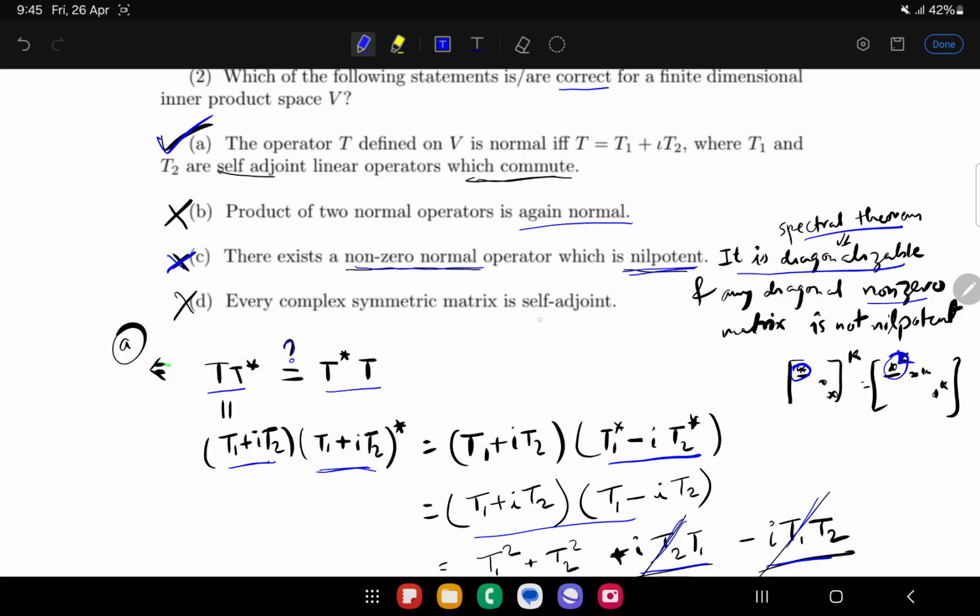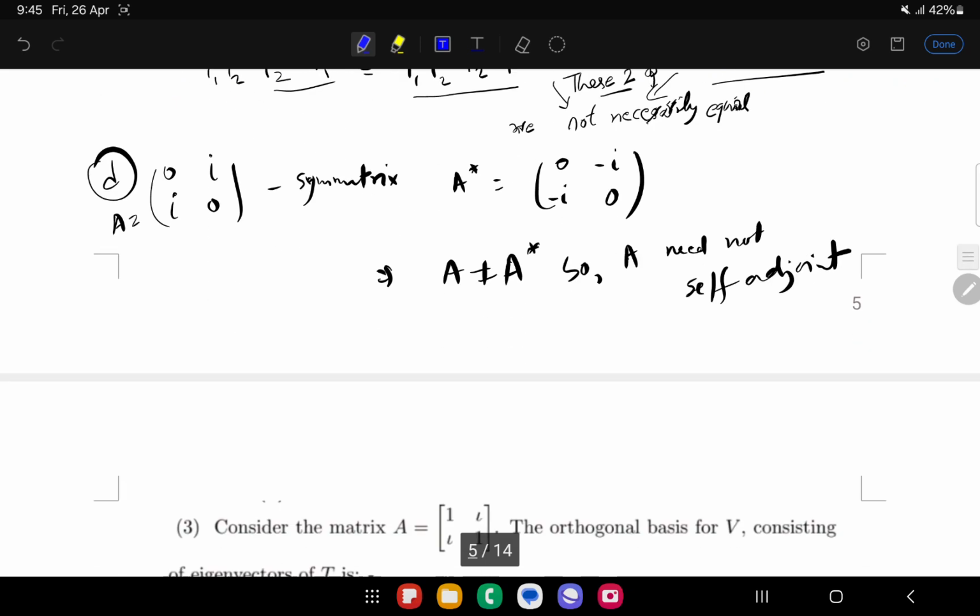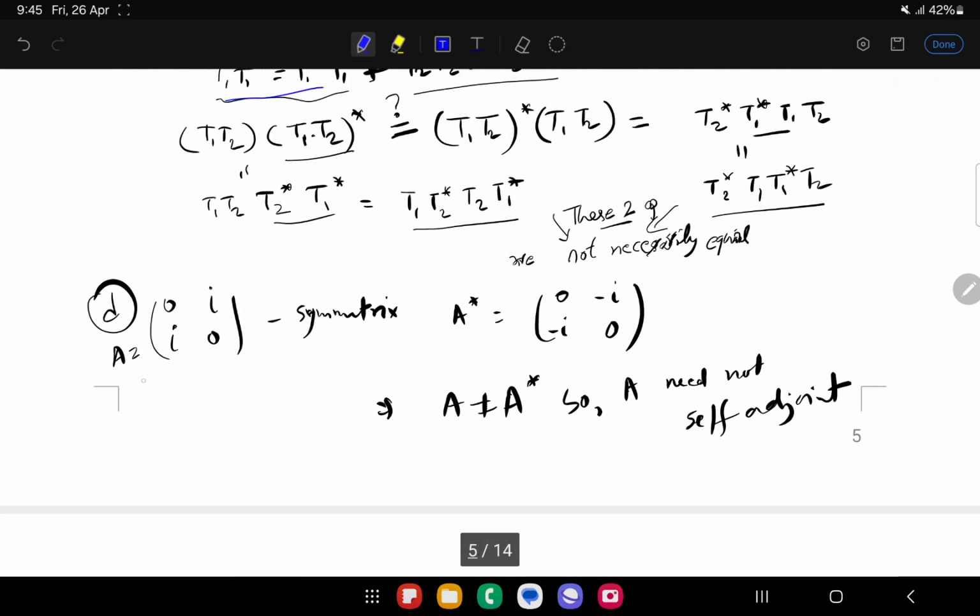Every complex symmetric matrix is self-adjoint. No. Here is an explanation, a counter example basically. This is symmetric, but while conjugating, A star will become minus i in the anti-diagonal. So A and A star are not equal, so A cannot be self-adjoint.